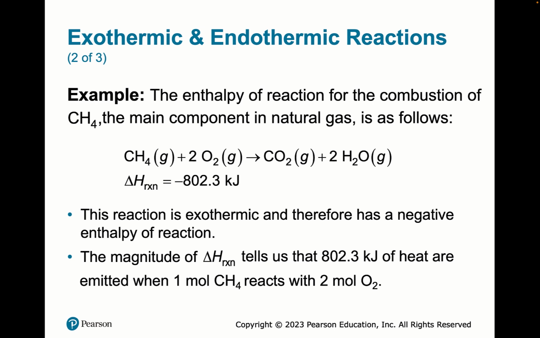And it also tells you relationships between these. So for every 1 mole of methane, it's going to evolve 802.3 kilojoules of heat. Same thing for every 2 moles of oxygen reacted, 1 mole of carbon dioxide formed, and 2 moles of water formed.